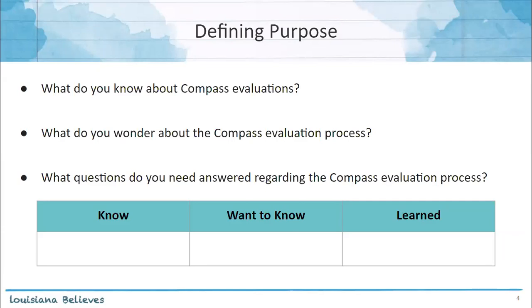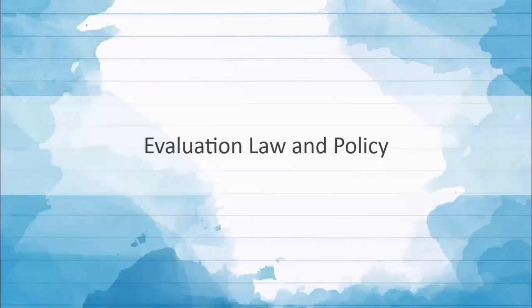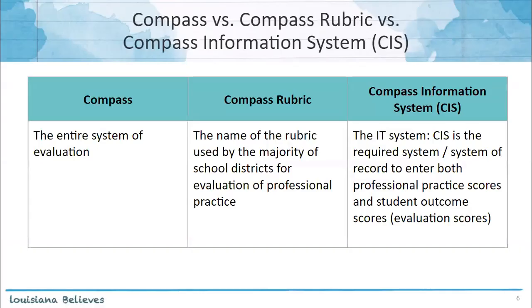Let's go next to evaluation law and policy. We want to start with the word compass. We use the word compass quite a bit and just want to clarify that that word can actually be subdivided into several usages and meanings. So we have compass, the entire system of staff evaluation.